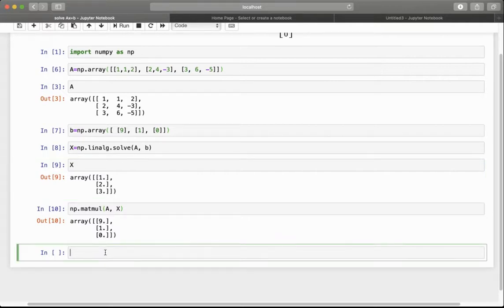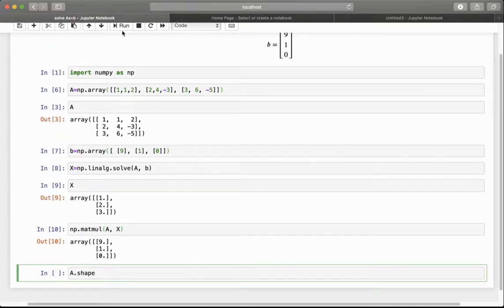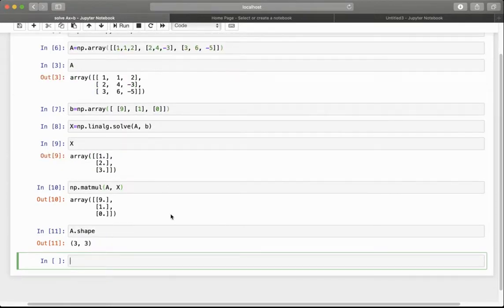One other thing I'll just add here is how to find the shape or the dimensions of each of these matrices. What you want to do is type in the matrix and then type in shape, and then hit either the run button up there or Shift Enter. So A is indeed a 3 by 3 matrix: 3 rows, 3 columns.